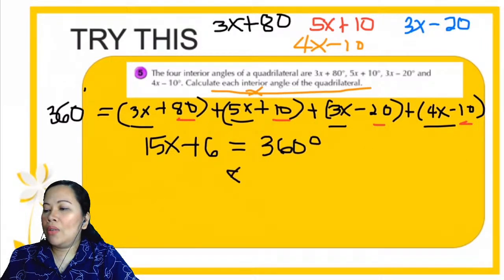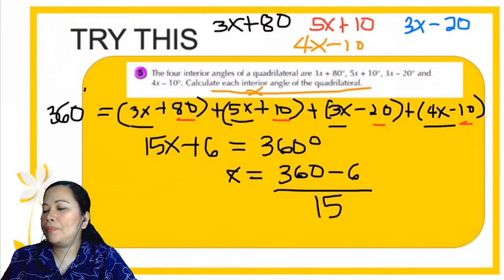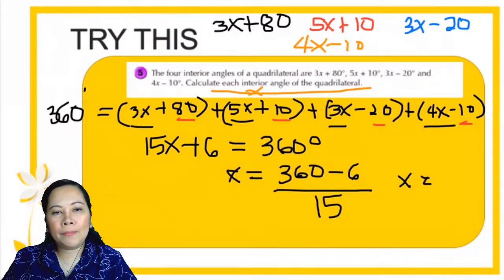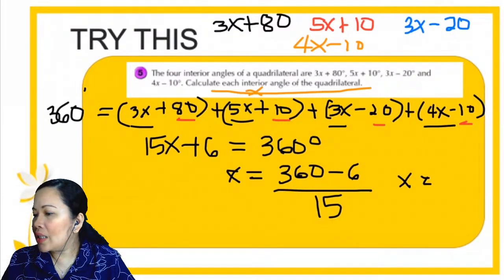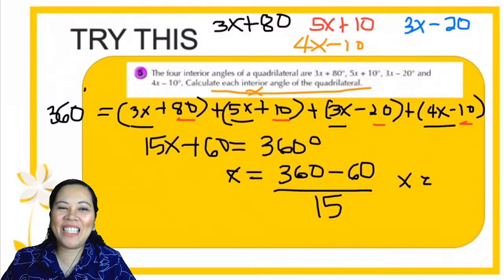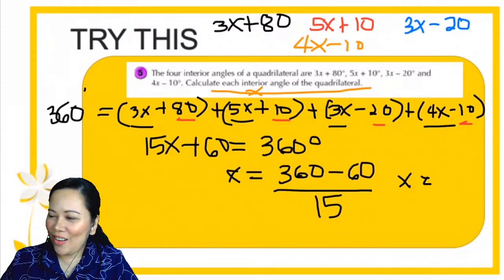So what's the value of our x? Sorry, 80 plus 10 minus 20 minus 10 is 60, not 6. What's wrong with my eyes?